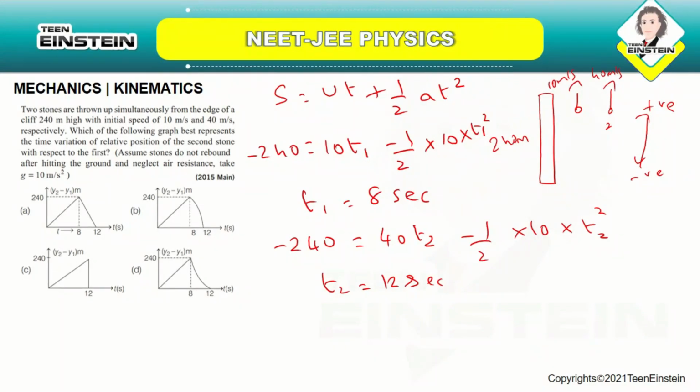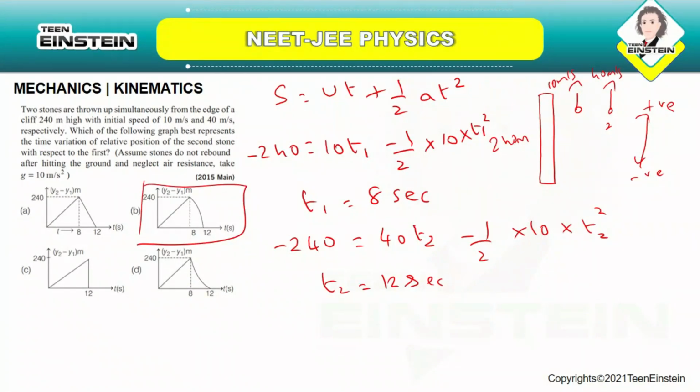Since one particle hits the ground at 8 seconds and the other takes some time to come and hit the ground, you will have the graph with a parabolic representation. So the correct answer is option number B.